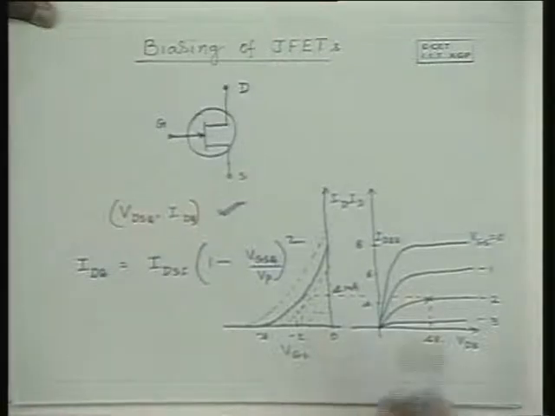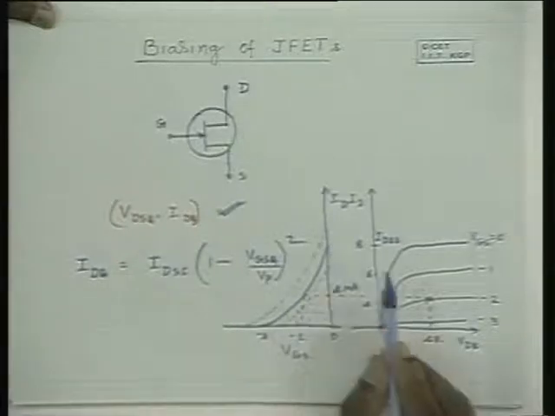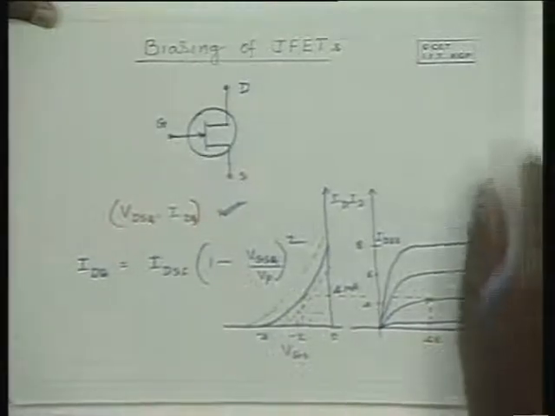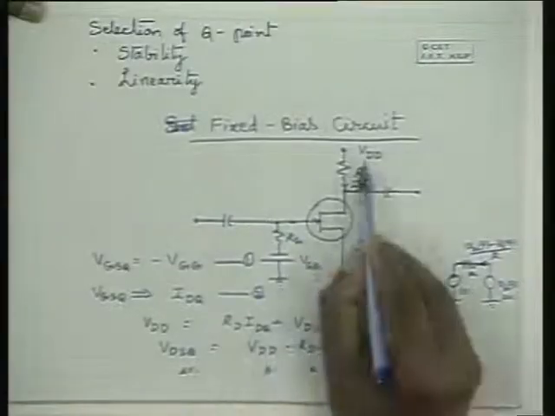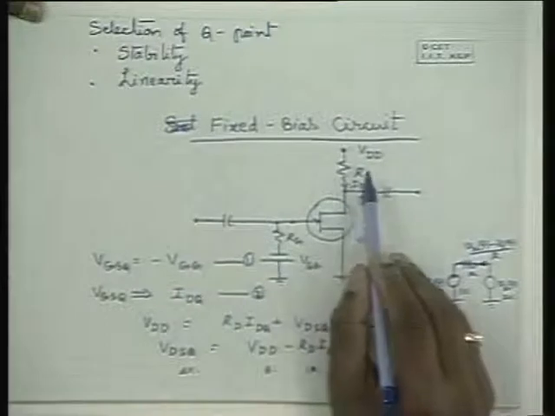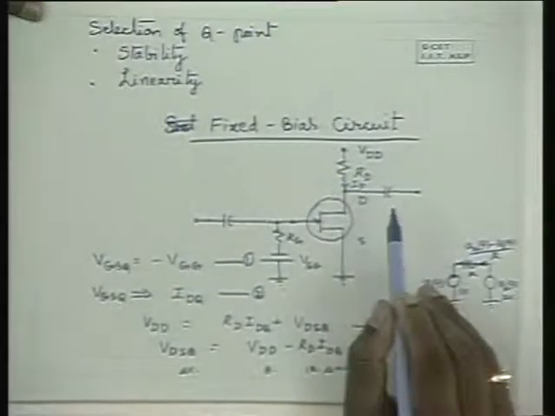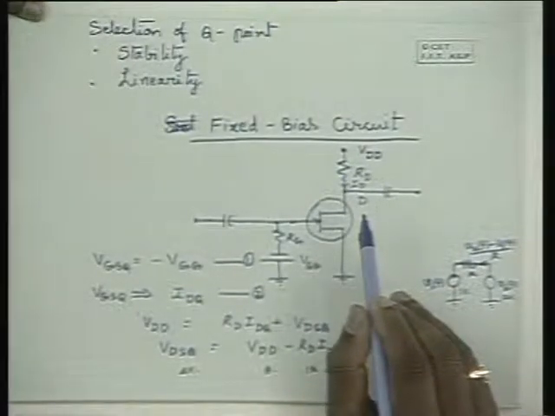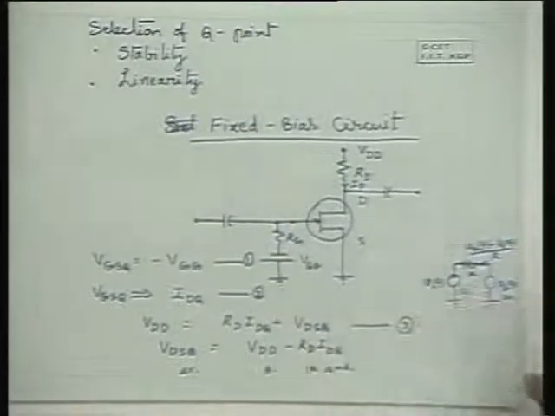How much is the variation? 2 to 5 milliamperes. So if this is the characteristics, it may be saturated also: 8 volts minus 5 into 2K. This may be saturating the channel. Hence the device may not be useful as an amplifier.